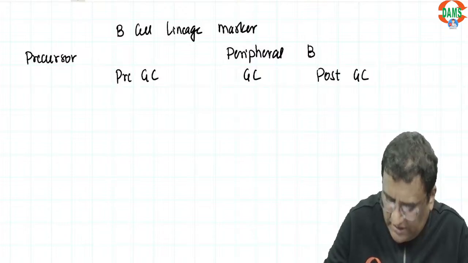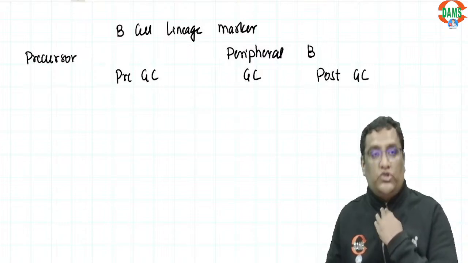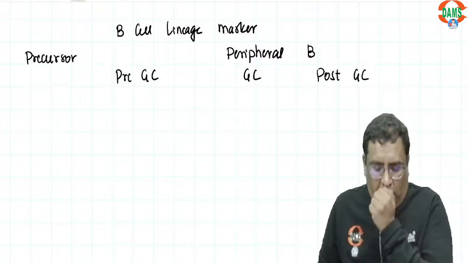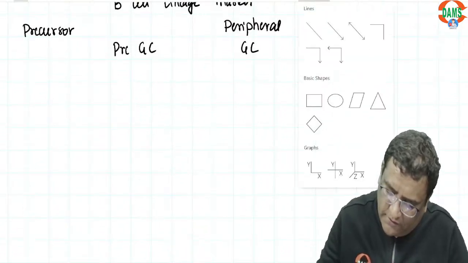What is GC here? Germinal. Can anybody tell me another name for pre-germinal and another name for post-germinal?